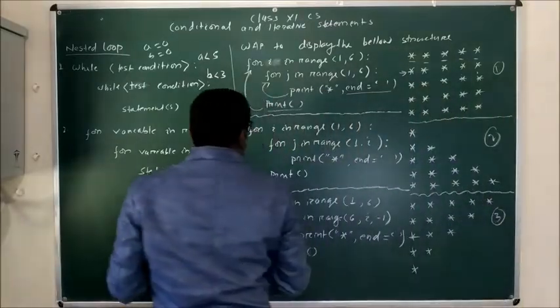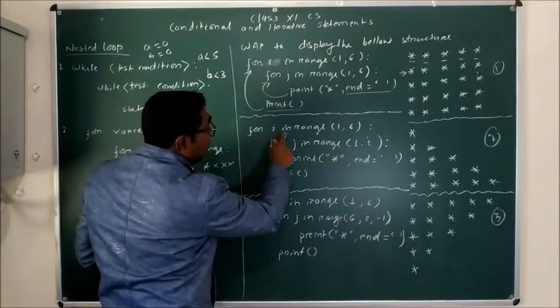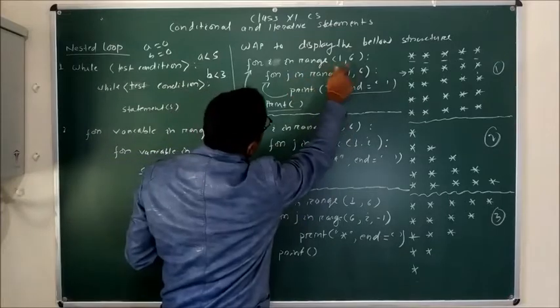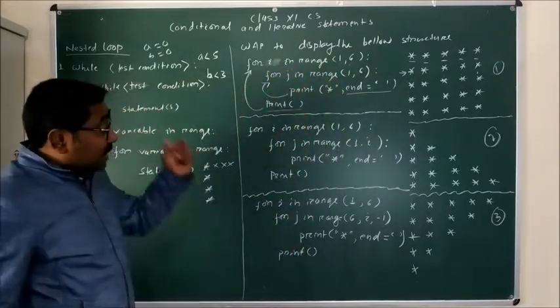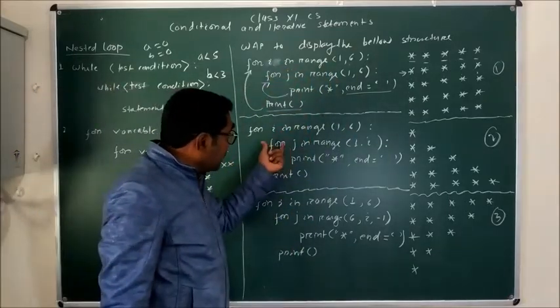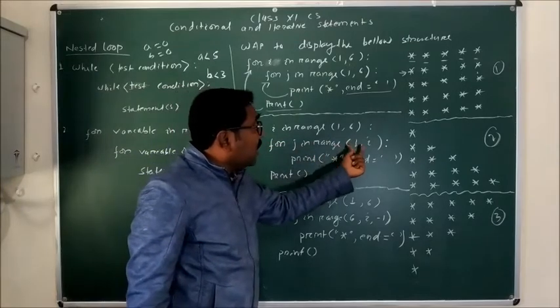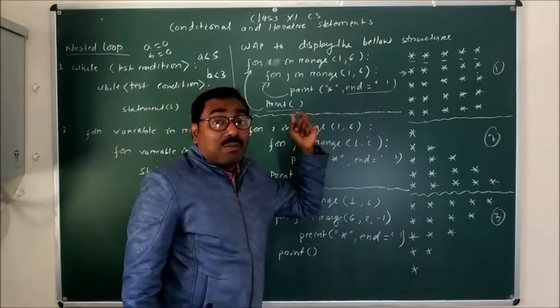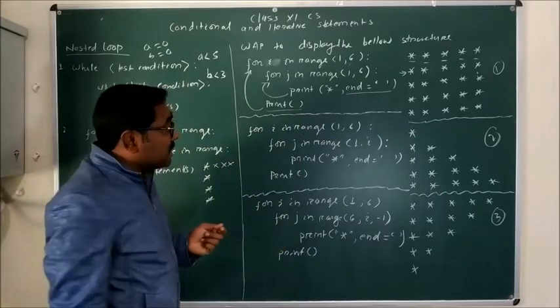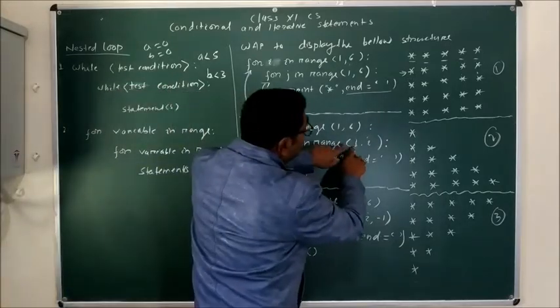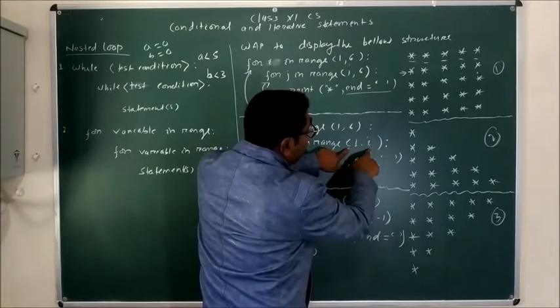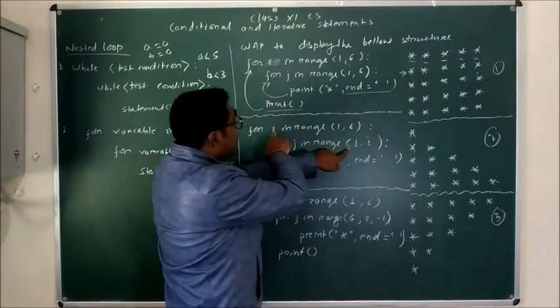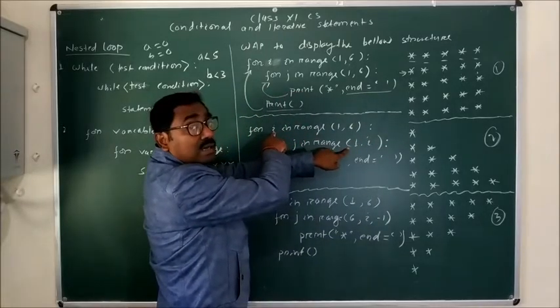The same thing is written over here: for I in range 1 to 6, but for J in range 1 to I. 1 to I means it will travel from 1 to I. What is I? I is nothing but the row number.